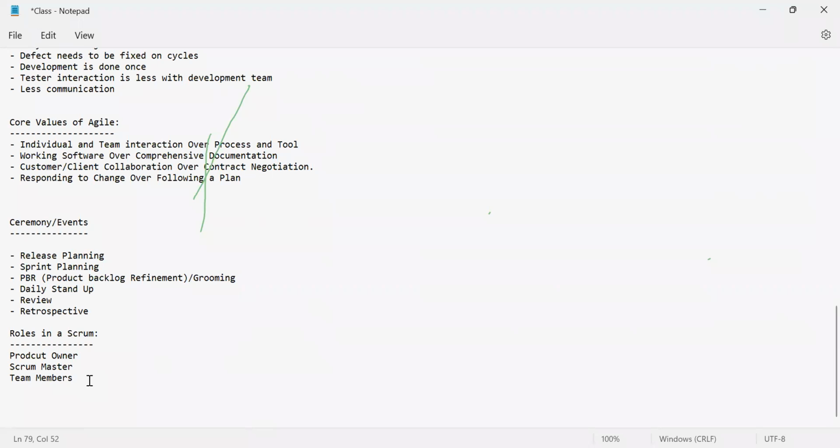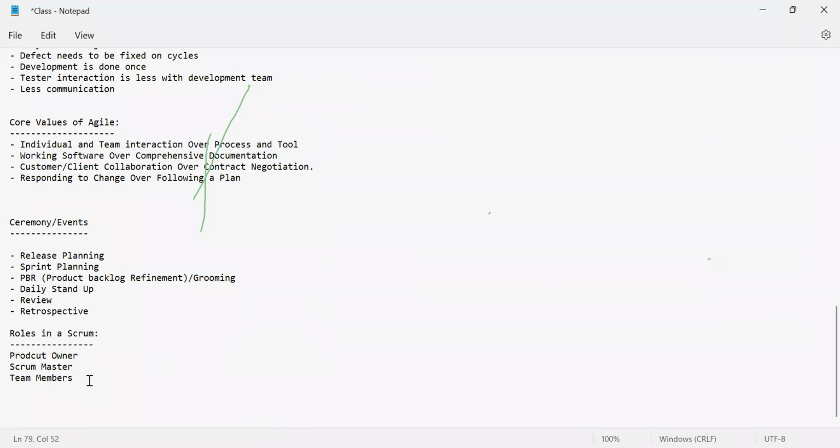Now, don't get into the fear of how can I develop if I am a team member in an agile world, or in a company that is having agile. No, don't worry about it. We moved from waterfall to agile methodology.